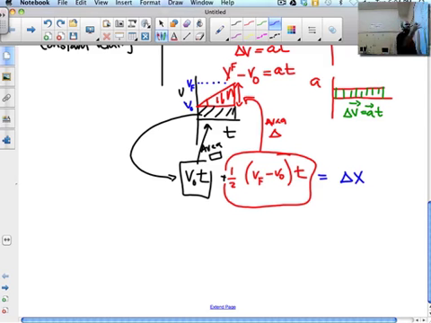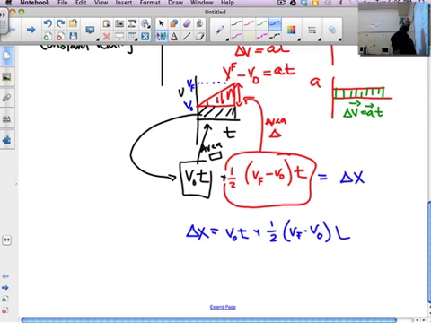Okay? So let me rewrite this, make it look pretty. Delta x equals v naught t plus 1/2 (v final minus v naught) times t. Okay? And these are all vectors, meaning that these are numbers that have a direction.